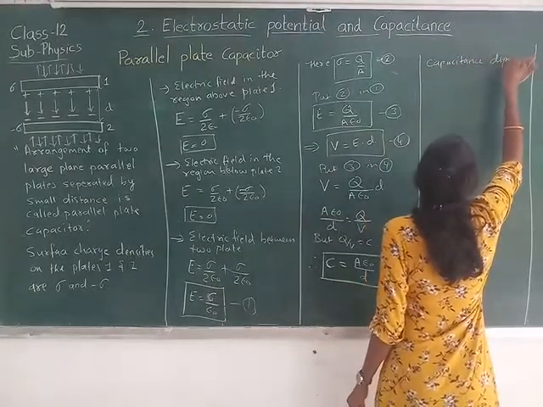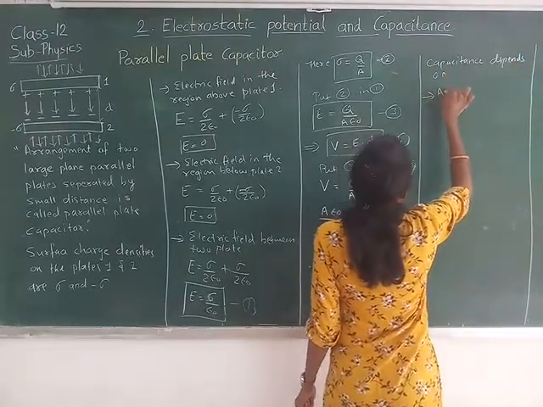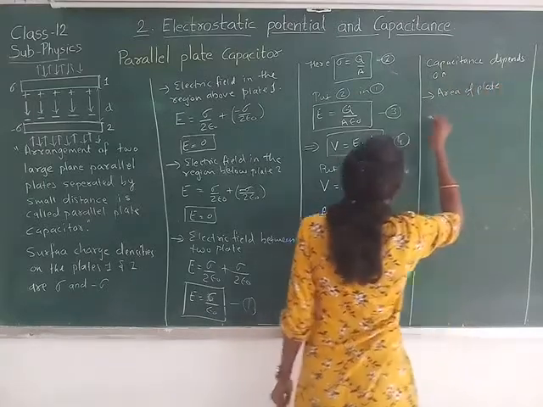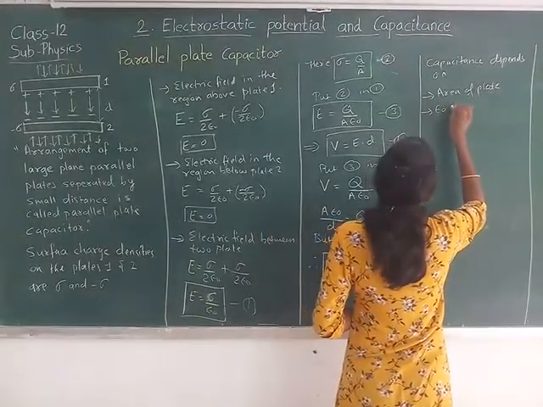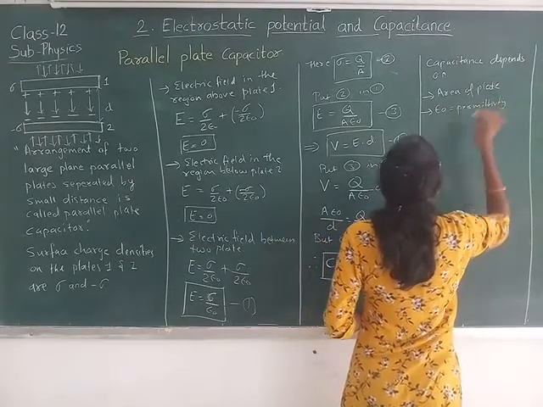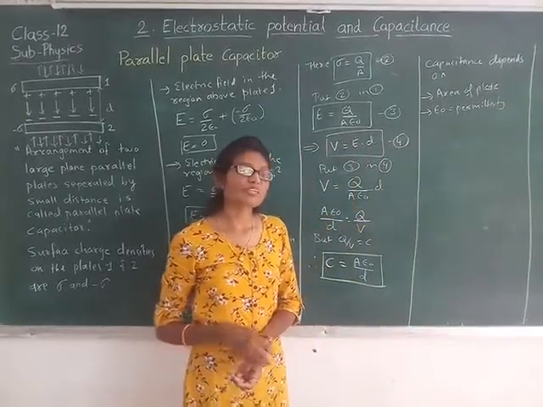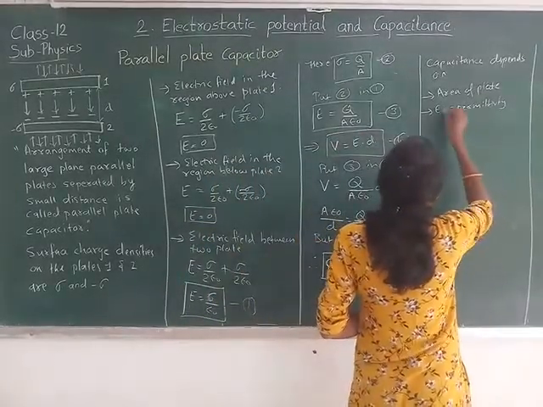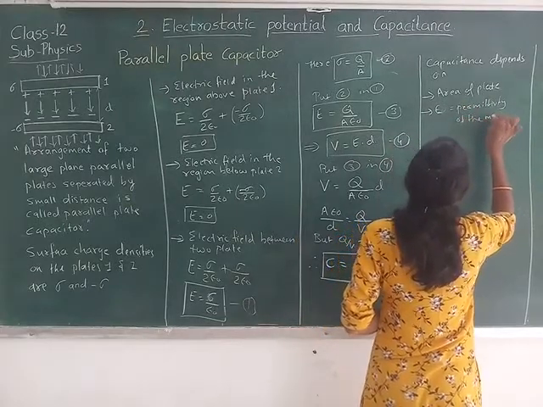Capacitance depends on the area of the plate, then epsilon 0, that is the permittivity of free space, or we can say any medium, that is simply epsilon, the permittivity of the medium.